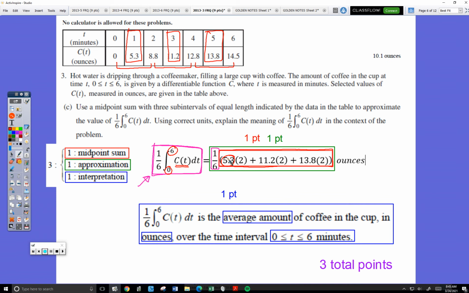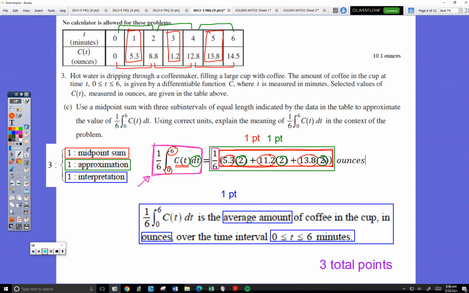That's this one, and this one. Each of those values gets multiplied by the change in time for the subinterval. In this case, the change in time is always 2. That's why there's a 2 here, here, and here.